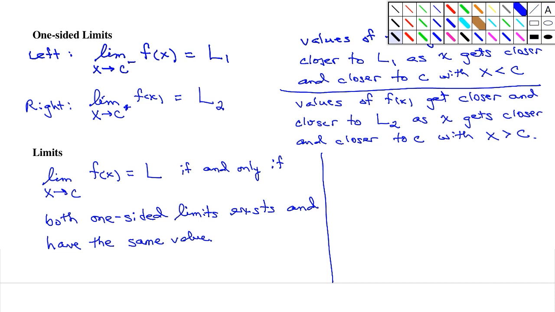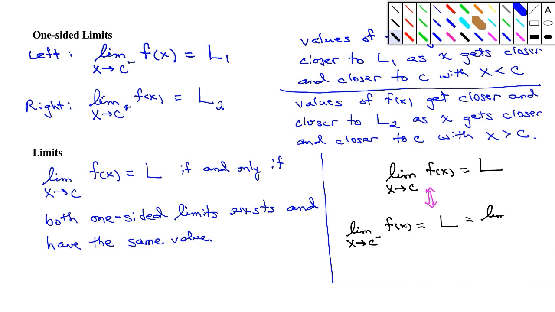So, in other words, the limit as x approaches c of f of x is equal to L. This is equivalent to saying that the limit as x approaches c from the left of f of x is equal to L, which is equal to the limit as x approaches c from the right of f of x.